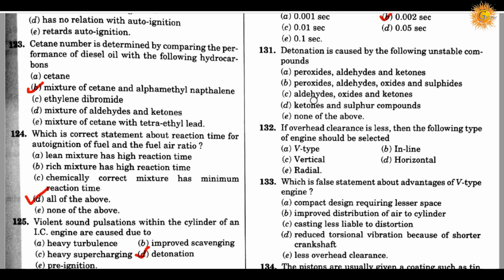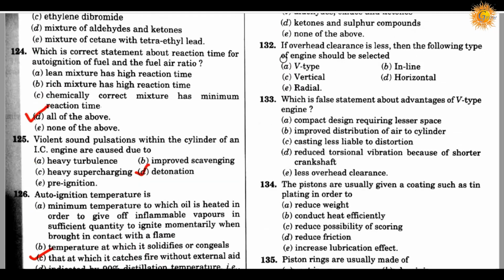Option C, aldehydes, oxides and ketones. Option D, ketones and sulfur compounds. Option E, none of the above. So the correct answer is A, peroxides, aldehydes and ketones.